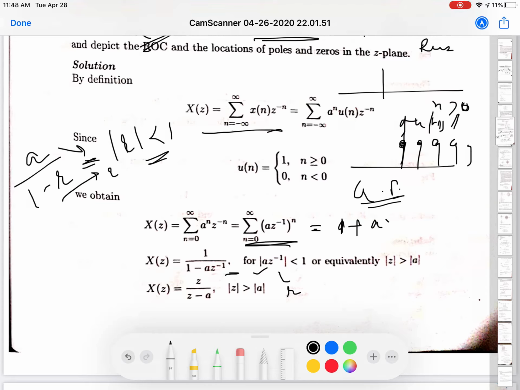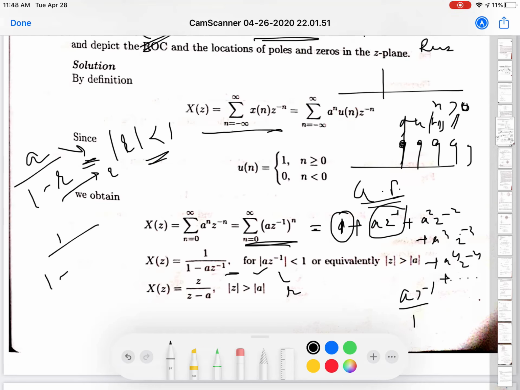If you write this for n equal to 0, it will be 1 plus a z inverse plus a squared z to the power minus 2 plus a cubed z to the power minus 3 plus a to the fourth z to the power minus 4, and so on. So a is the first term, and r is the common ratio, meaning a z inverse.